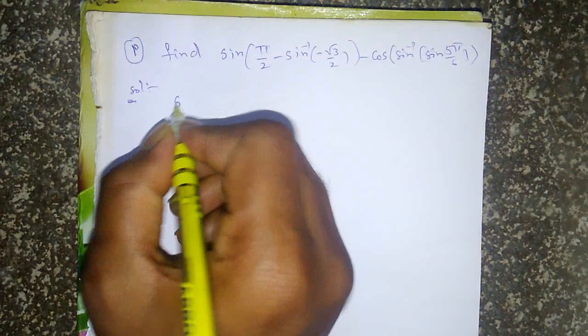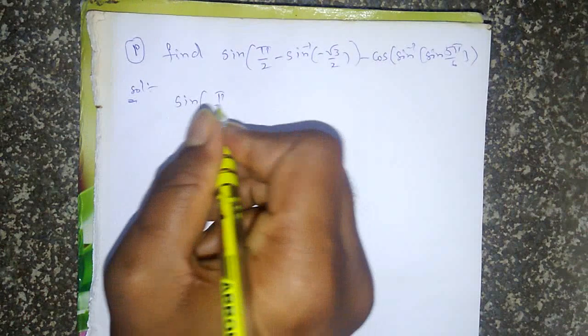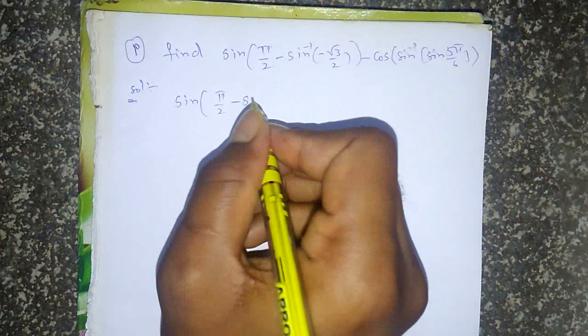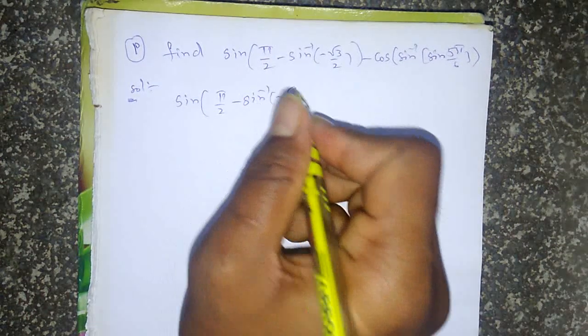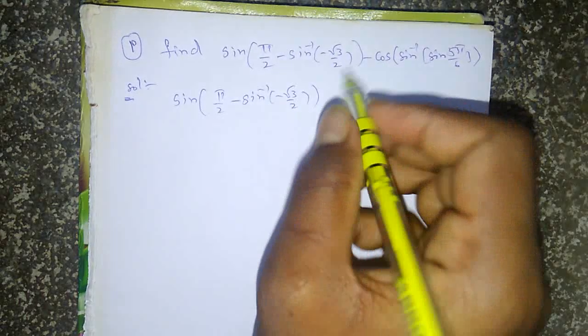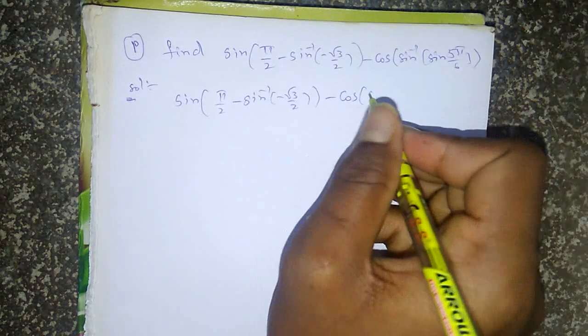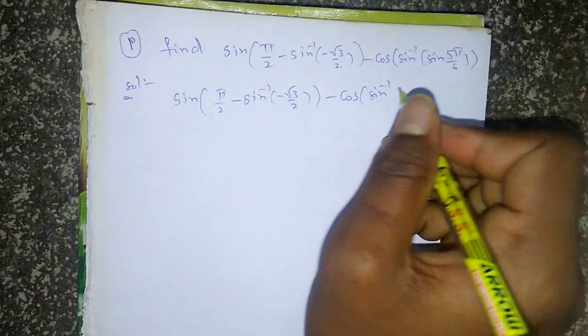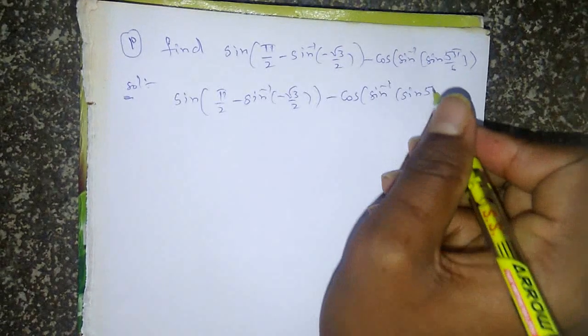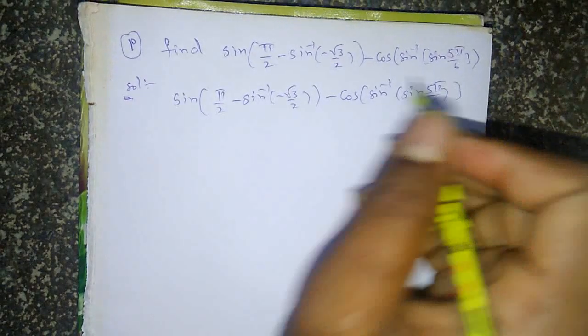So this is equal to sine of pi by 2 minus sine inverse of minus root 3 by 2 minus cos of sine inverse of sine of 5 pi by 6.